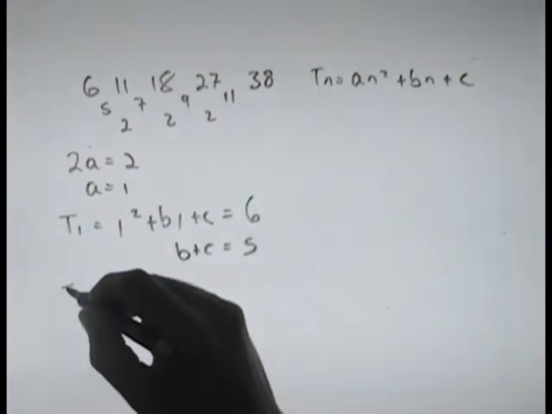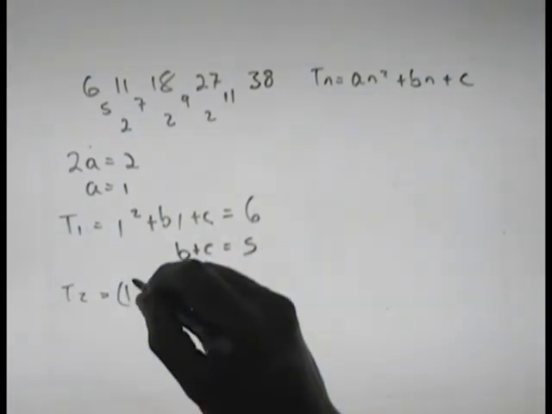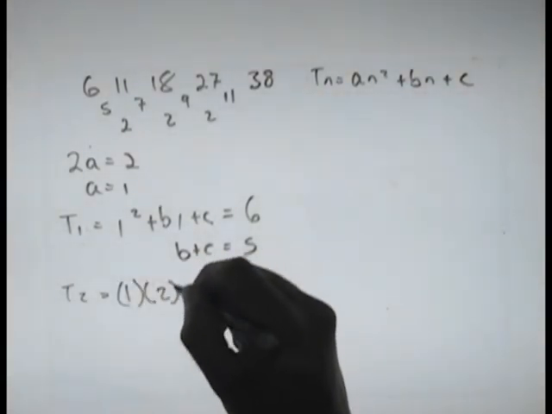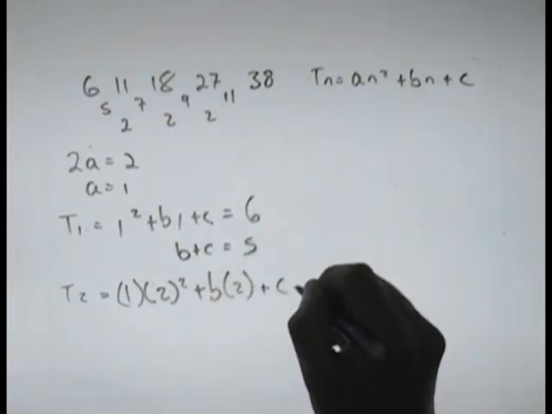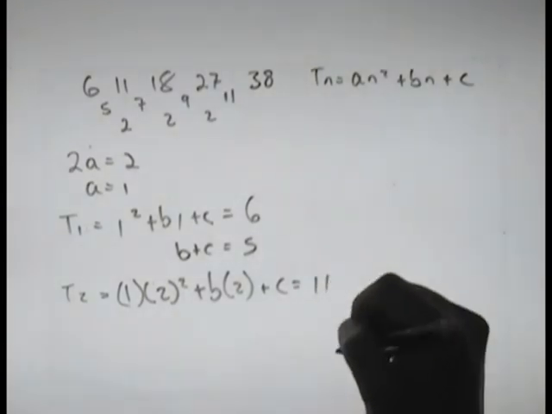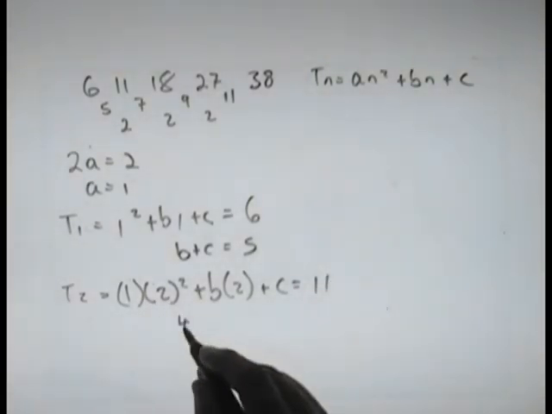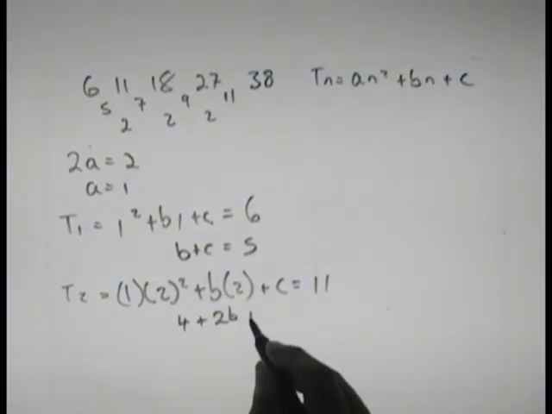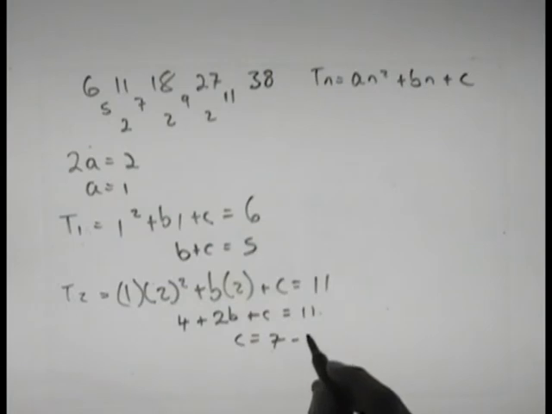That's term 1. Term 2 is going to equal 1 multiplied by 2 squared plus b times 2, plus c, and that has to equal 11. 2 squared is 4 times 1 is 4, plus 2b plus c is equal to 11. That means that c is equal to 11 minus 4, which is 7, minus 2b.